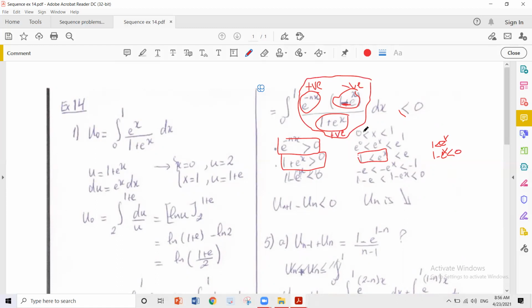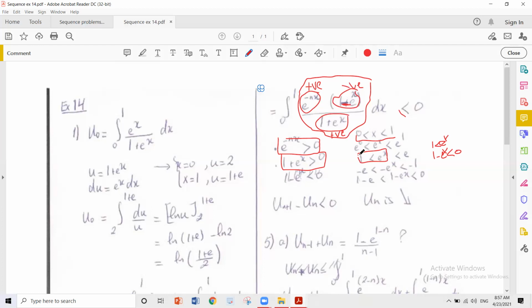So x is between 0 and 1, in the integral from 0 to 1. e to the 0 is less than e to the x, which is less than e to the 1. e to the 0 is 1.